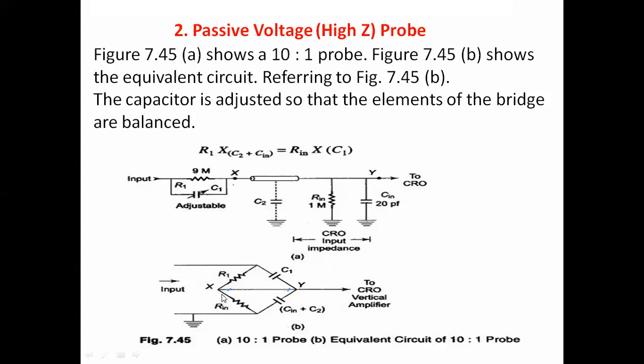So the voltage drop across Rin is equal to the total input voltage V in times Rin by Rin plus R1. Okay, so like that we get the total resistance value across these two terminals X and Y when the bridge is in balanced condition.